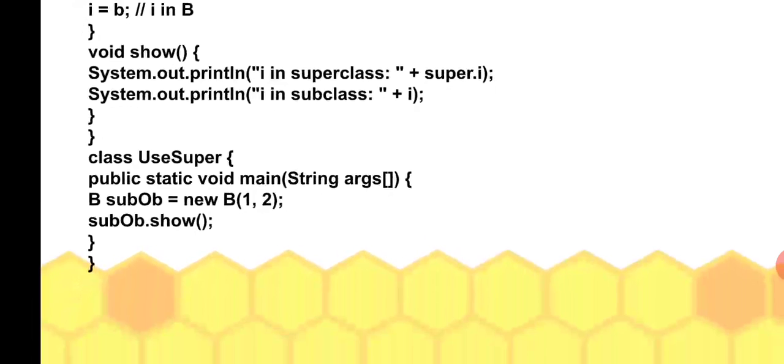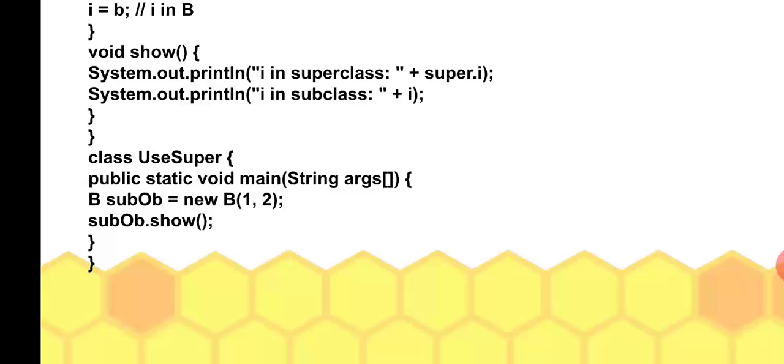Okay, now you have one class called UseSuper. Inside that you have the main method. Inside the main method you are creating an object for class B and passing two values, 1 and 2. Using that object you are calling the show method. Now definitely it will have the impact here.